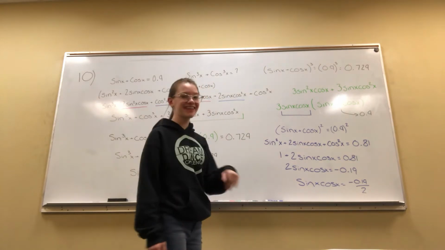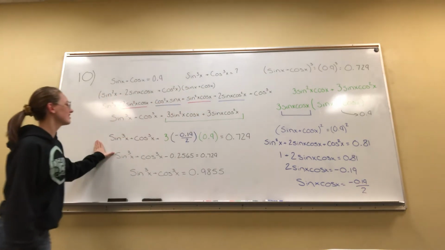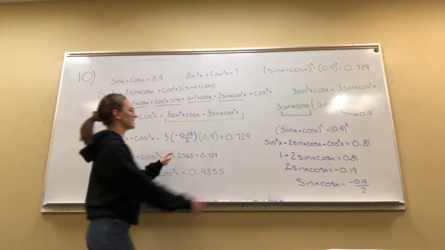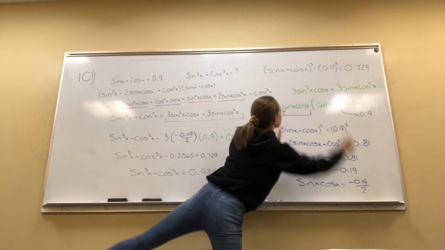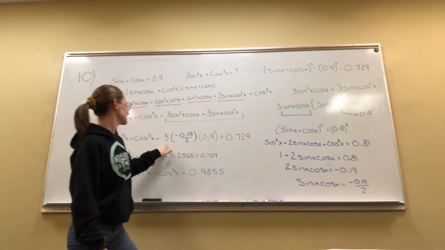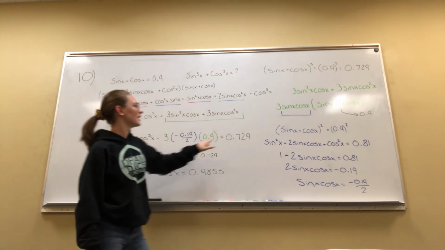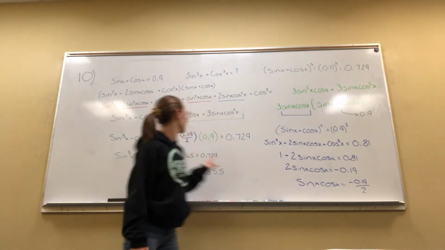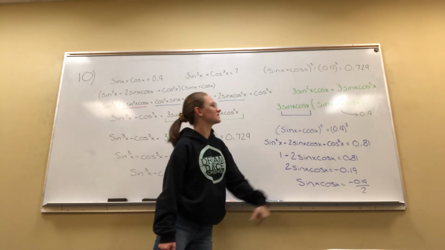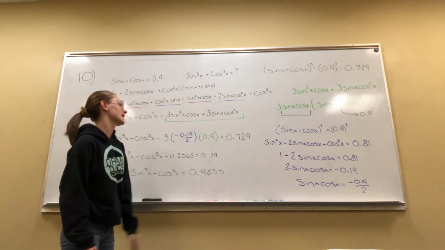So we're going to take all of that information and come back to our original equation, and plug all the things that we found over here into here. So we have the 3, which is still back over here, and then sine x cosine x we found is negative 0.19 over 2, and then sine x plus cosine x, which we know is 0.9.